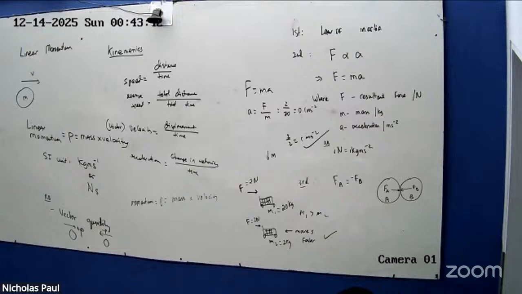Take this small example. Example 1. A ball of mass 50 grams is moving with a speed of 10 meters per second.